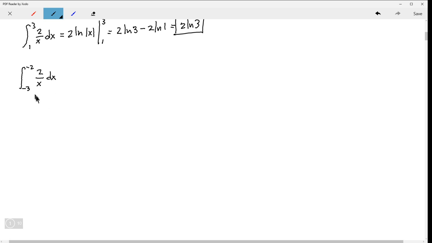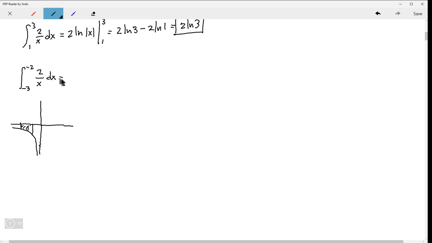So there's no issue with the function 2 over x being defined, right? 2 over x is defined because on this side, it basically just looks like this, right? And you're going to have -3, -2, so you get this nice area in there. So there's no issue with that being defined.